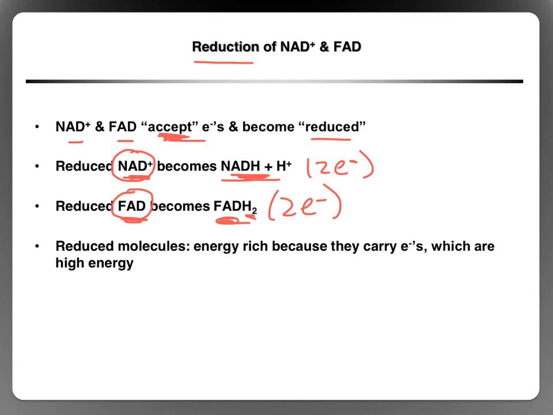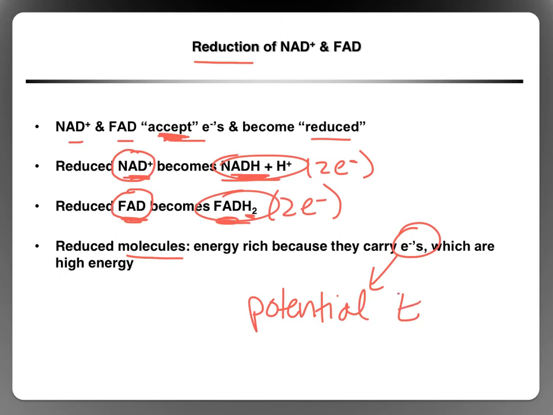Now, in the reduced form, these reduced molecules are very energy rich because the electrons that they carry have potential energy. So basically what we're doing is picking up hydrogens and electrons and carrying them to the electron transport chain.